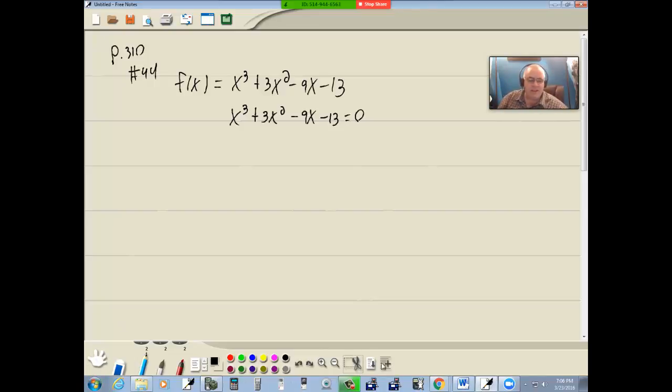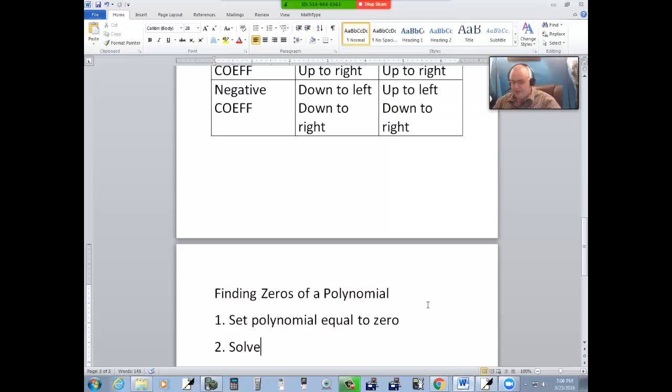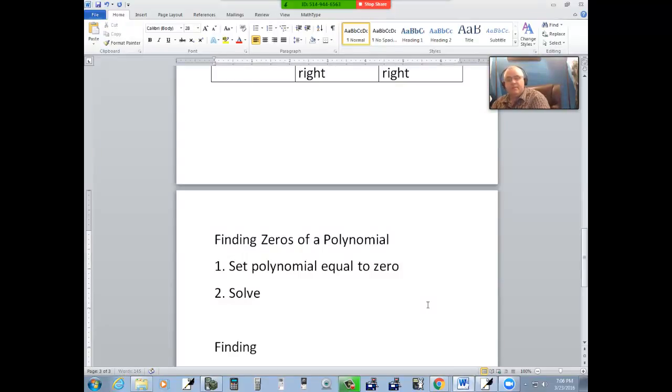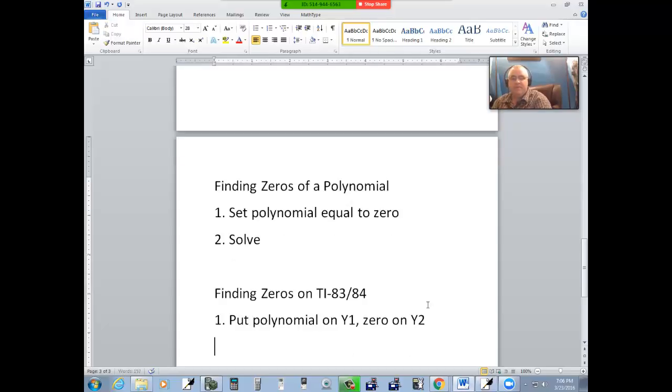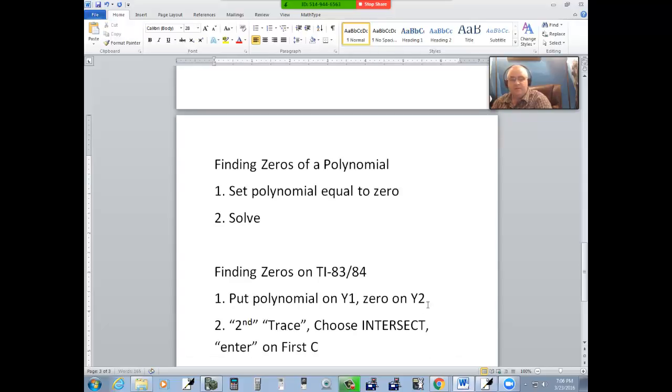And let's talk about finding zeros on a TI-83, TI-84. Step 1. Put your polynomial on Y1, 0 on Y2. Step 2. You're going to do a second trace. You're going to choose intersect. You'll do enter on first curve. You'll do enter on second curve.